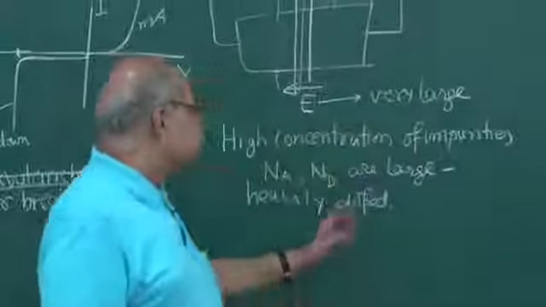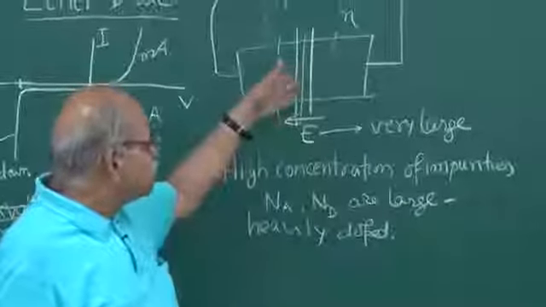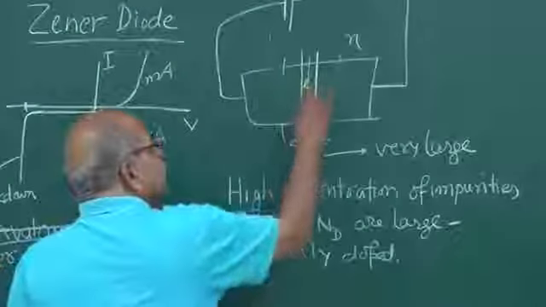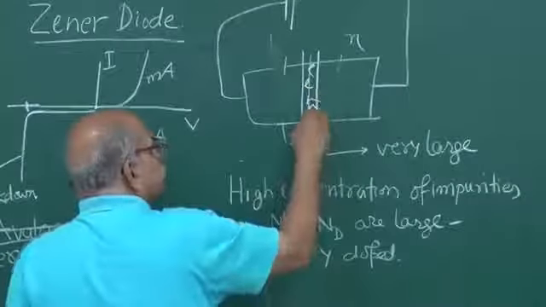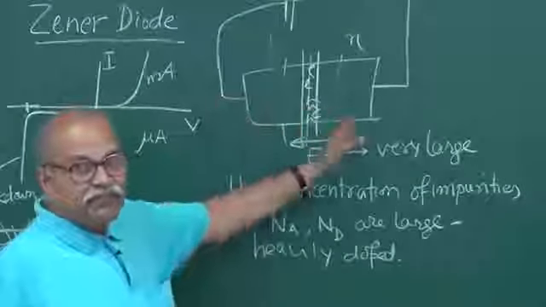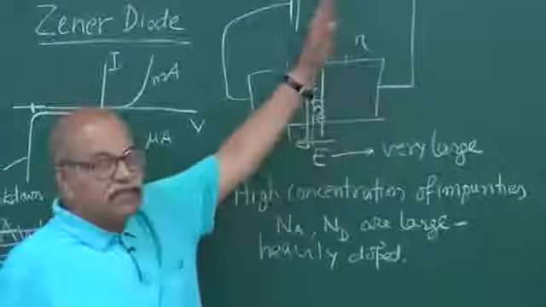So once this process starts, because of the strong electric field, electron holes are created in this region, and the moment they are created, remember this electric field is there to sweep them and give rise to that current.